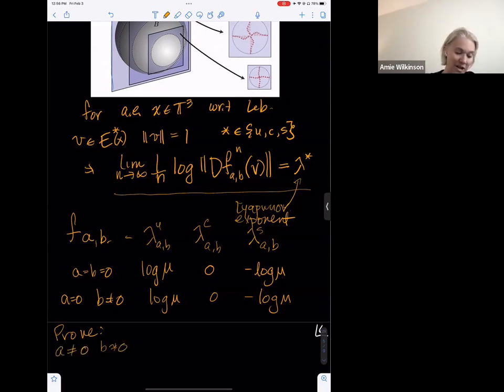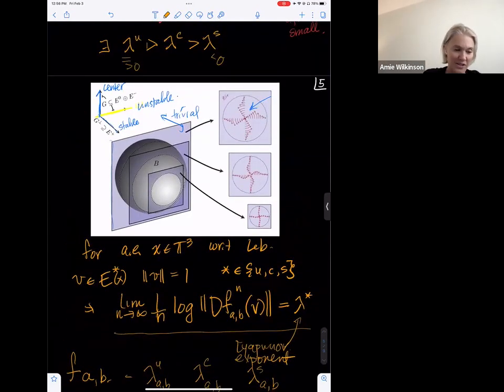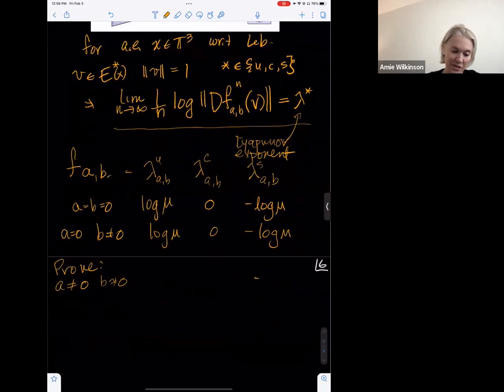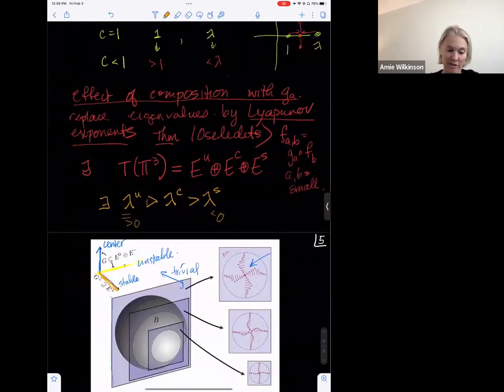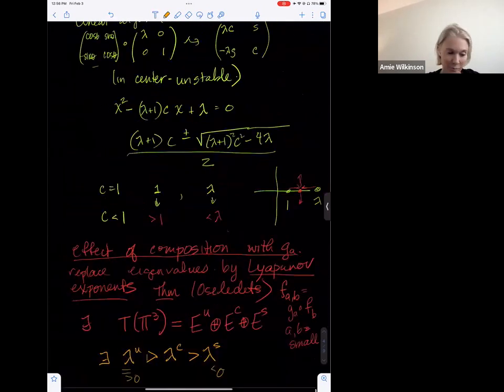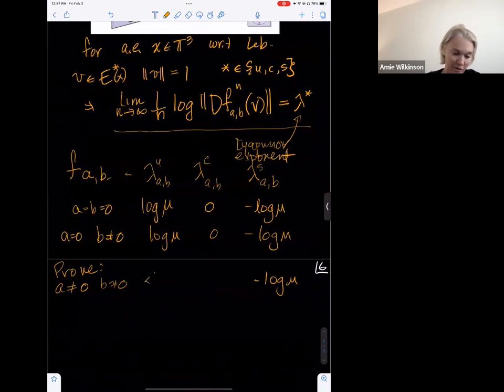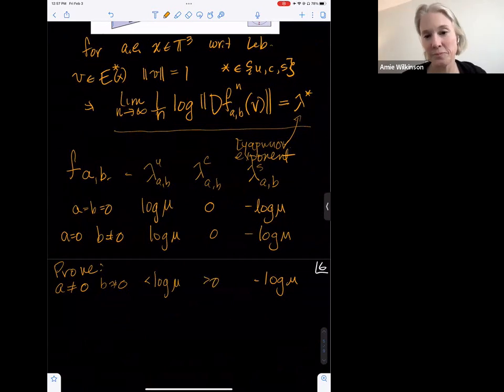The important thing is if A is not equal to 0, so lambda S, which remember is this direction, doesn't get changed at all by the perturbation, it stays the same. So this is still minus log mu. But then the effect on the exponents is very similar to the effect on the eigenvalues in my little linear algebra problem. And so what happens is this becomes a little smaller than log mu, and this becomes greater than 0.